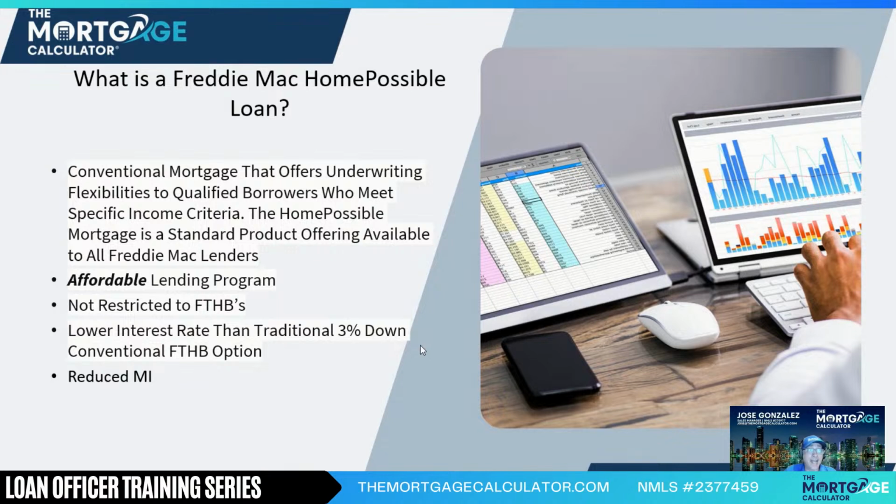It has lower interest than traditional 3% down conventional first time home buyer option. And it also offers reduced mortgage insurance, 25% coverage instead of the traditional 35% coverage for a 3% down first time home buyer. That's not an affordable option.